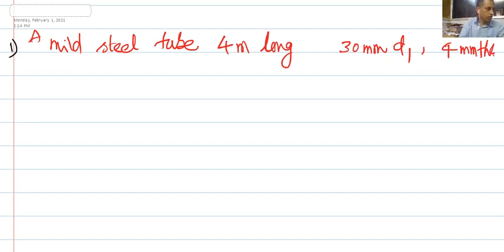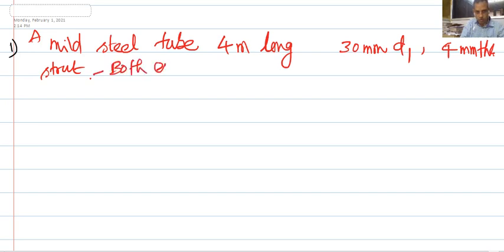Okay, 4 millimeter thick is used as a strut, with both ends hinged. Find the collapse load.